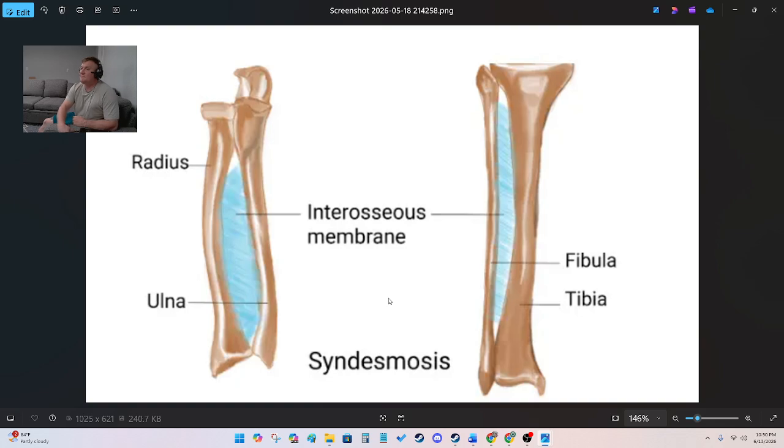Now, you have that same type of interosseous membrane between tibia and fibula. However, this does not move very much at all, if at all. It's very immobile, but this would be a syndesmosis. A syndesmosis would be like the interosseous membrane.